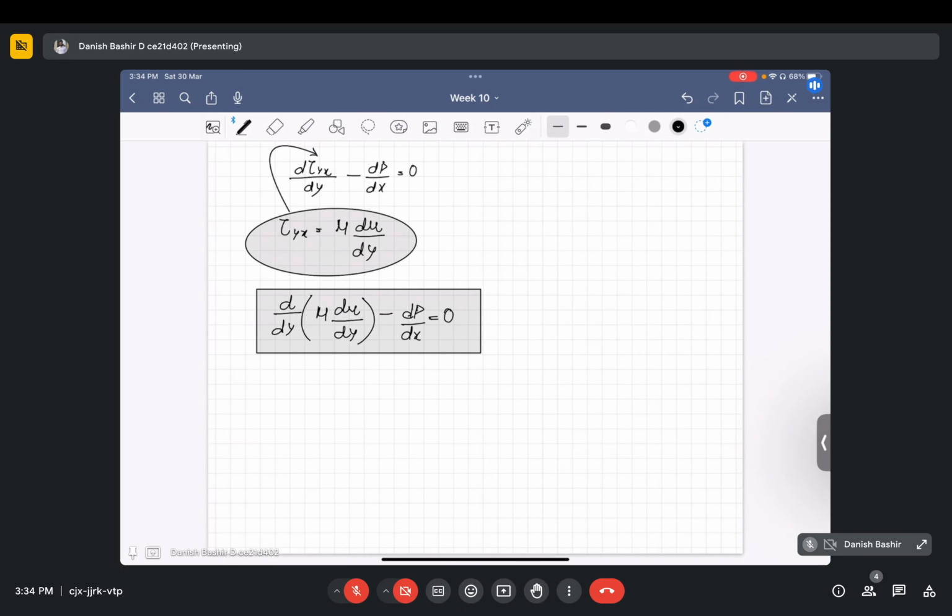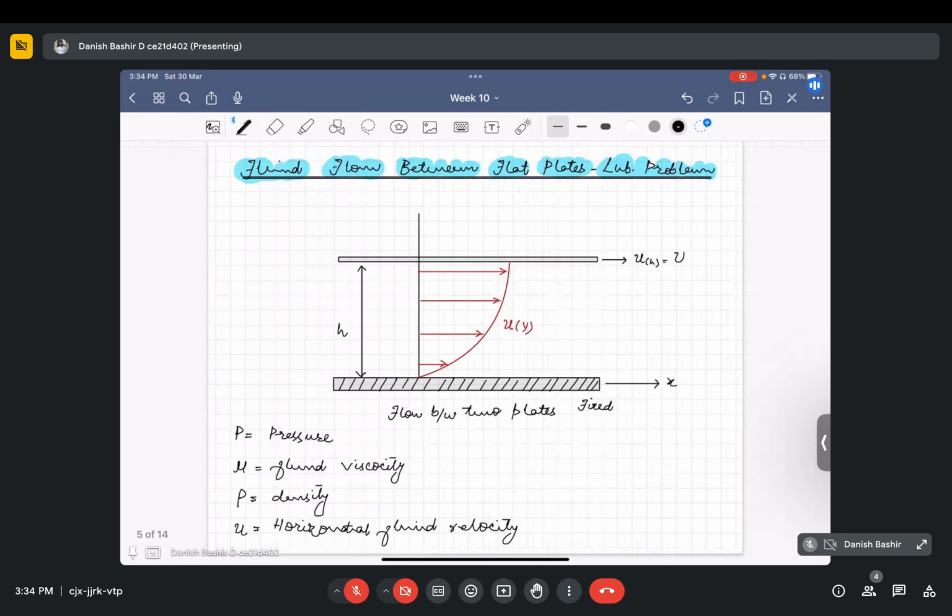That is the fluid flow between the two plates.